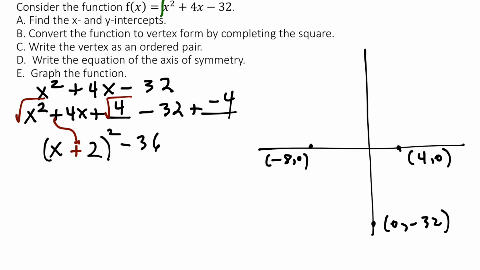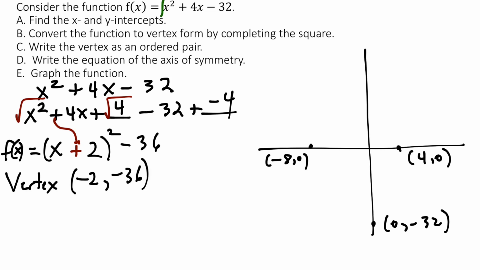All right, and then combine the two loose terms, and I get -36. All right, so f of x rewritten in vertex form is this. So from there, I can readily get my vertex. So my vertex is opposite sign of 2 is -2, all right, and -36. All right, so -2, -36, that's my vertex.